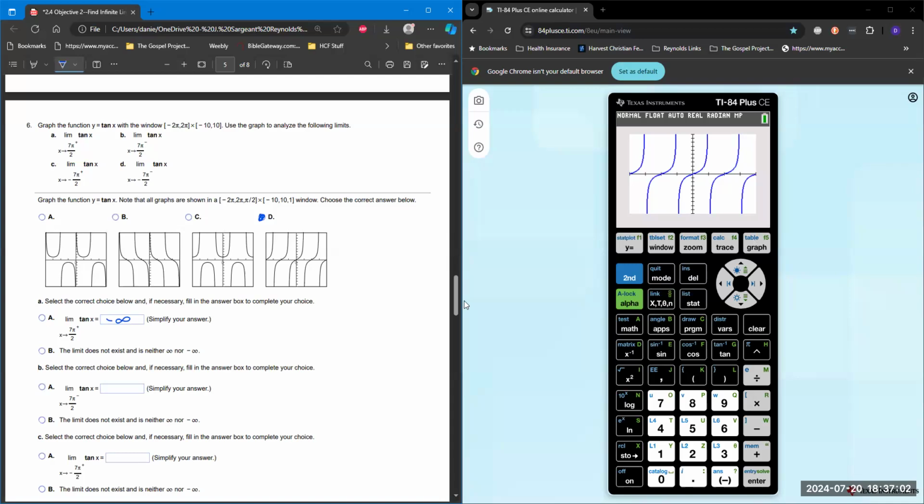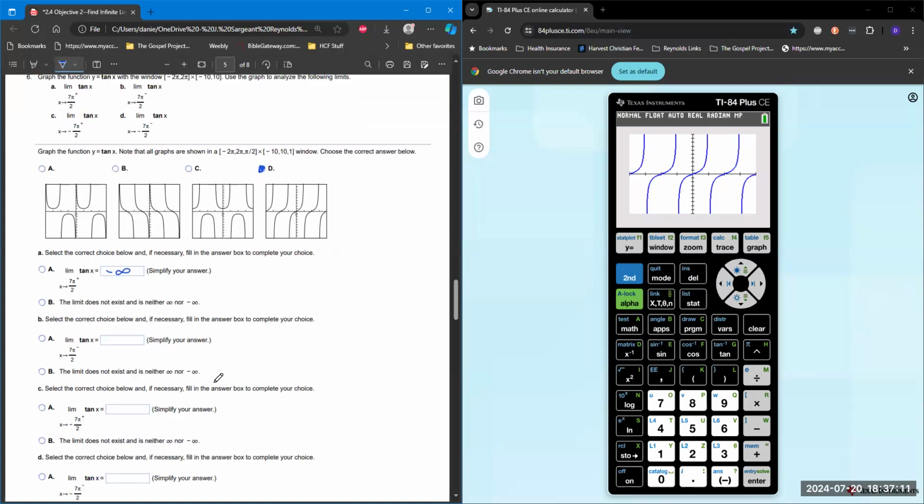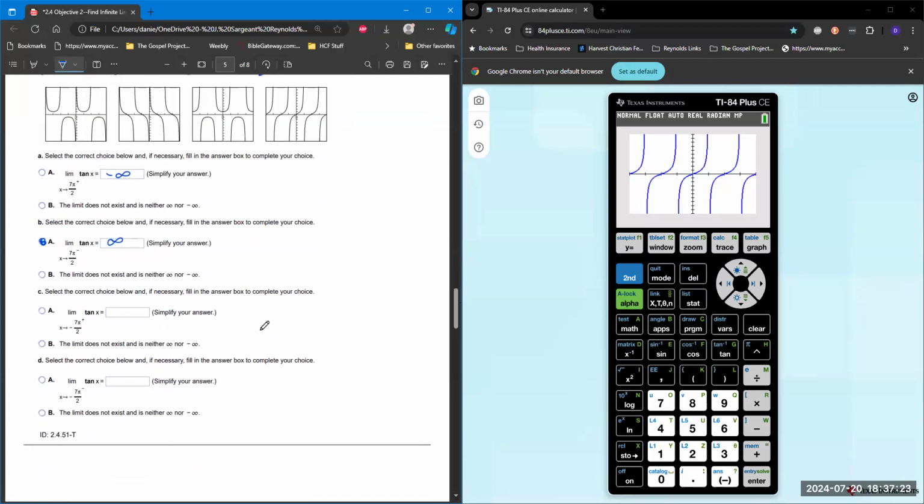So pi over 2, 3 pi over 2, 5 pi over 2, 7 pi over 2, any odd multiple of pi over 2 from the right is going to go to negative infinity. An odd multiple of pi over 2 from the left is going to go to positive infinity.